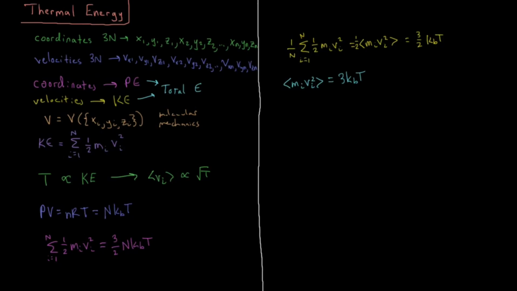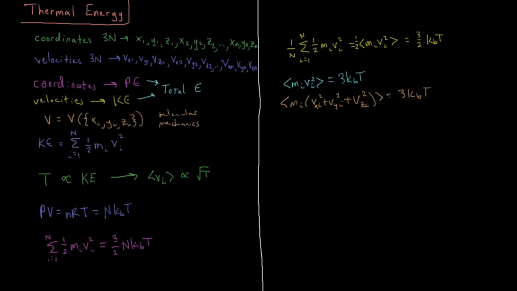Now we'll notice that the velocity squared of an individual atom would be the x component squared plus the y component squared plus the z component squared. So I'd have m_i times v_xi squared plus v_yi squared plus v_zi squared, the x, y, and z components, is equal to 3 kT.